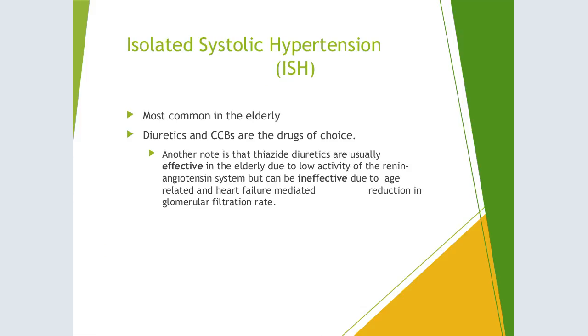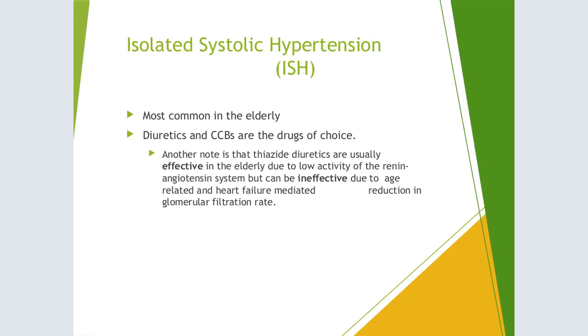Isolated systolic hypertension, ISH. Blood systolic's really high, diastolic's really low. Most common in the elderly, okay? You usually give them diuretics and calcium channel blockers, okay? Thiazide diuretics are often effective in the elderly, okay? But age-related heart failure and GFR may make those thiazide diuretics ineffective, okay?